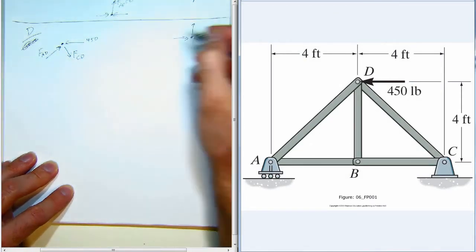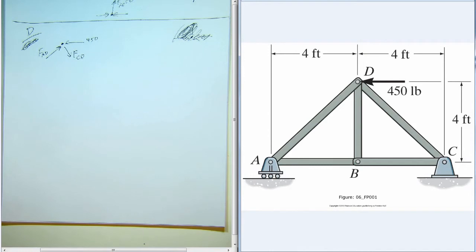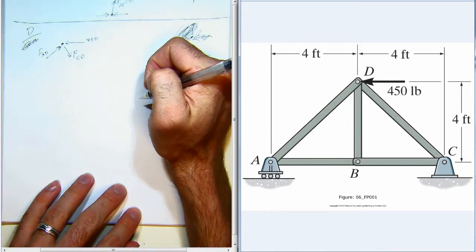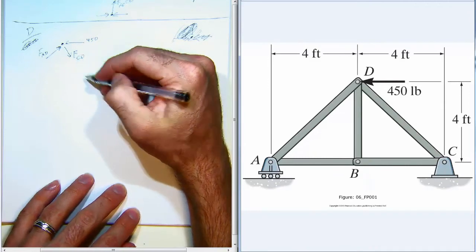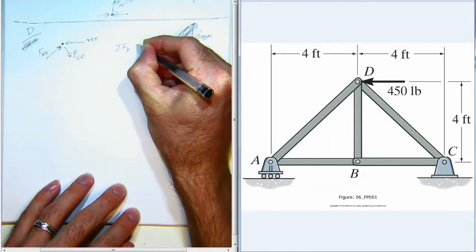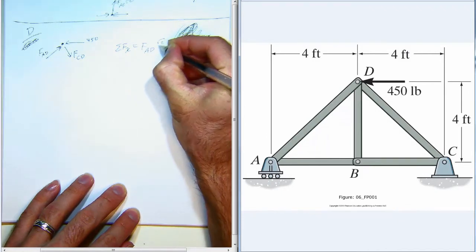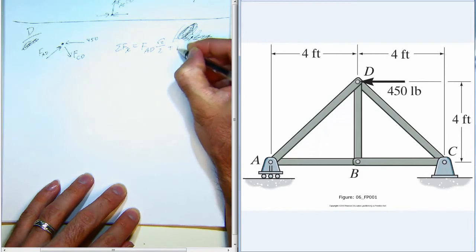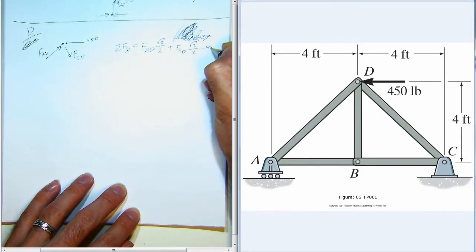So here we'll have to solve these equations simultaneously, because there's no one equation with only one unknown in it. So the direction of these AD and CD are 45 degrees. So our forces in the x, we have FAD cosine of 45, which is square root of 2 over 2, plus FCD square root of 2 over 2, and then minus 450, and that's equal to 0.